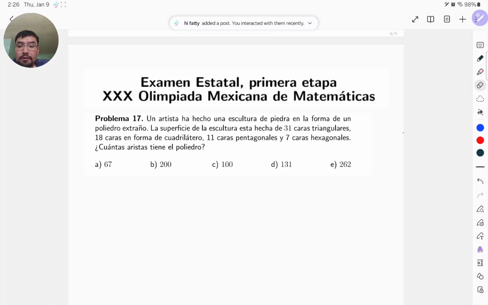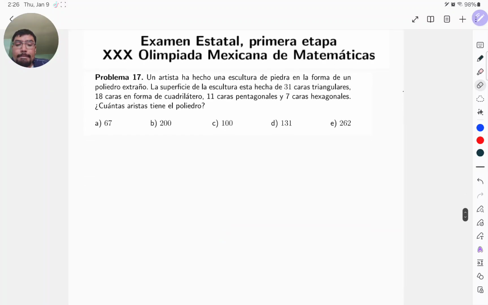The surface of the sculpture is made by 31 triangular faces, 18 quadrilateral faces, 11 pentagonal faces, and 7 hexagonal faces. And the problem asks us how many edges the polyhedron has.